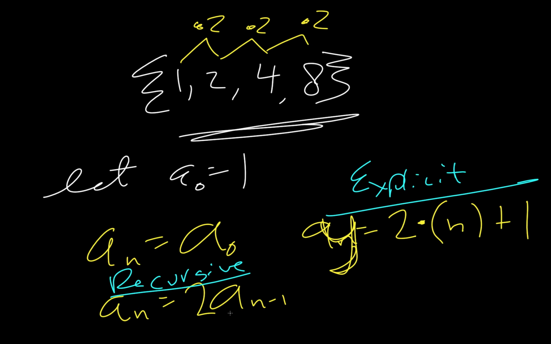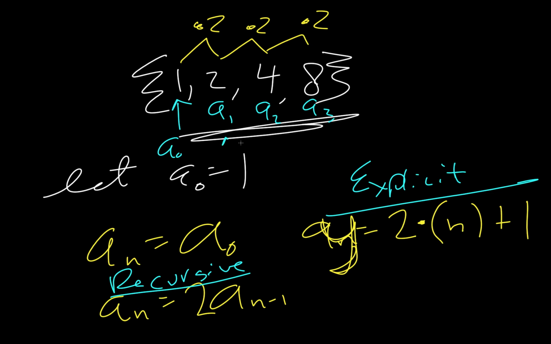So recursive means just what do you need to do to the previous term to get the next term. And so if we focus on 1, let's just say this is a sub 0, this is a sub 1, a sub 2, a sub 3.